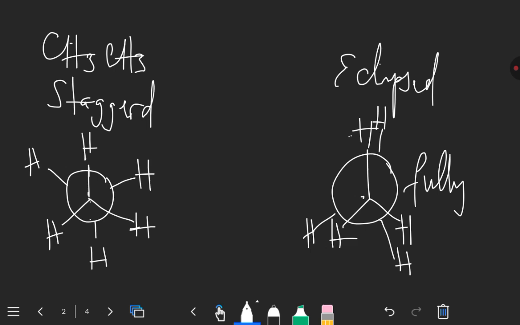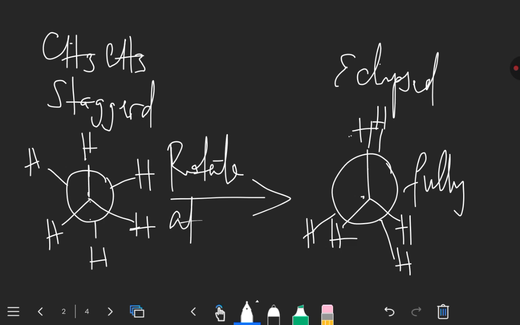And the other thing I need to mention here is that this staggered configuration just had to rotate, at 60 degrees. Then it forms this eclipse.